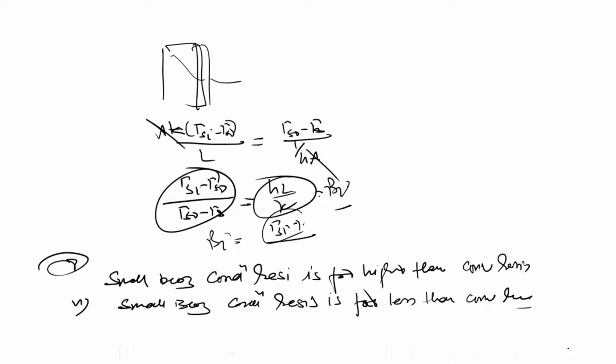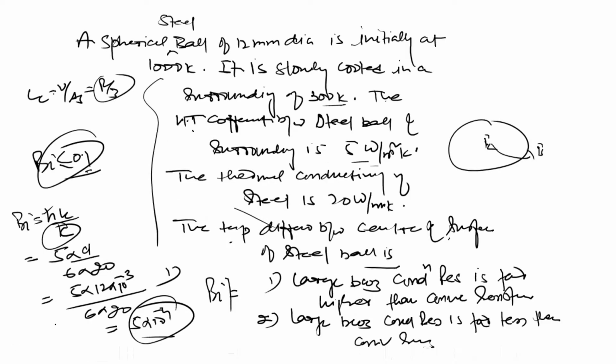Very good, Anushka. So the question is asking about temperature difference. Is the temperature difference between the center line and surface of the steel ball higher or lower? First of all, it is lower. But what is the reason for this?